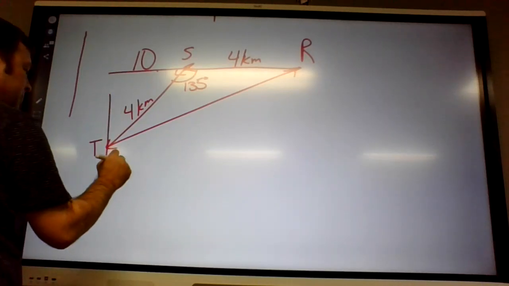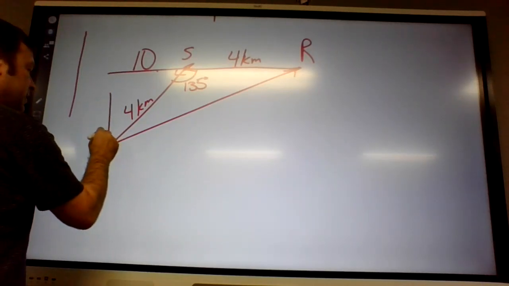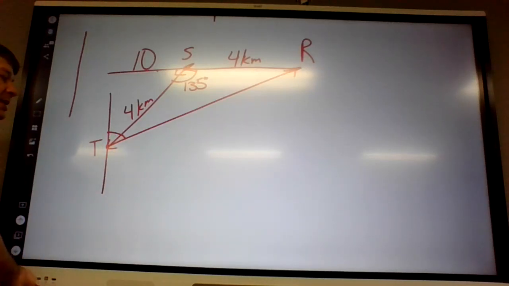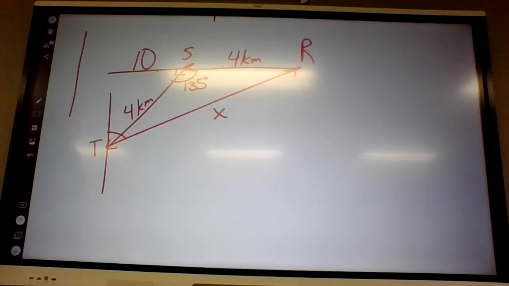Draw the north-south line there. So we need this angle. That's going to be the bearing. Couldn't we just do law of cosines? And we need this distance. And then couldn't you just find the angle of R and T since they're the same, since they're both 4 kilometers?